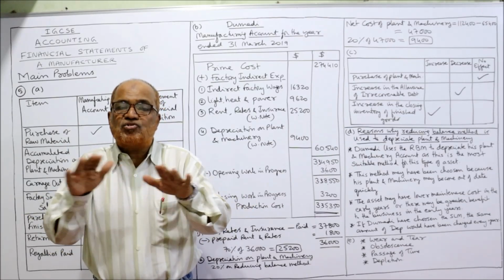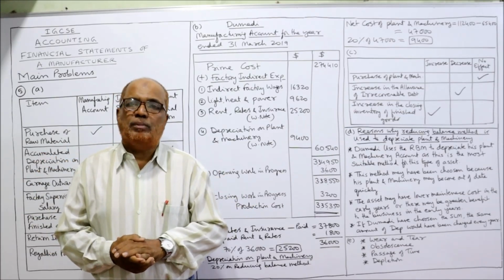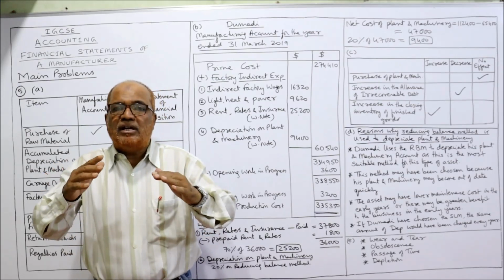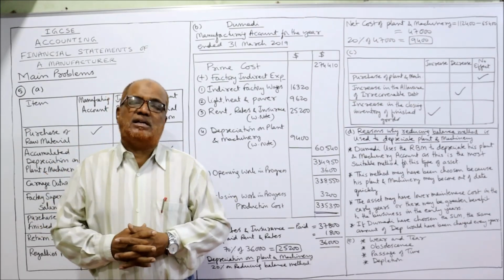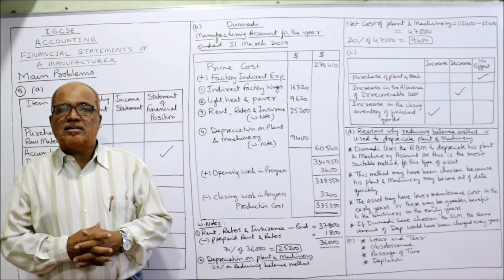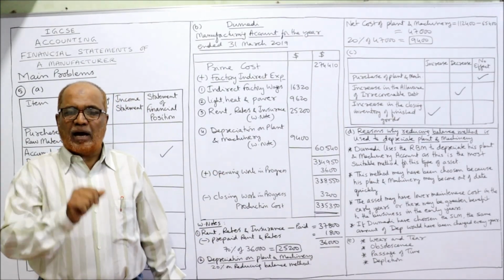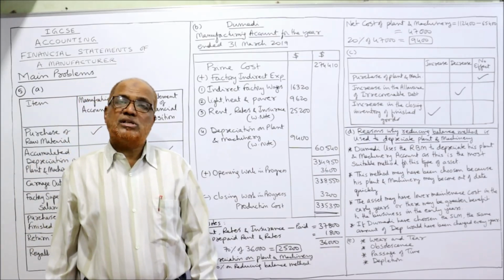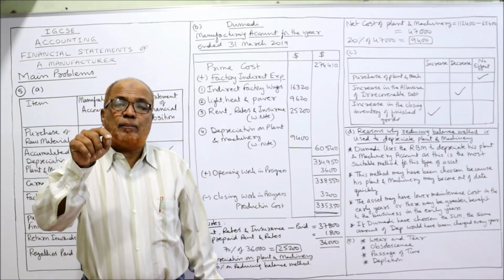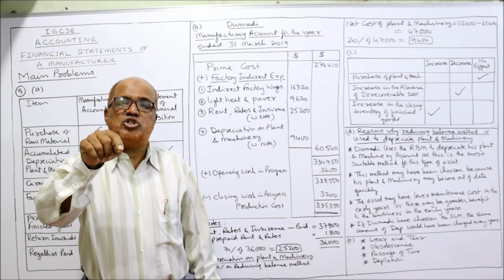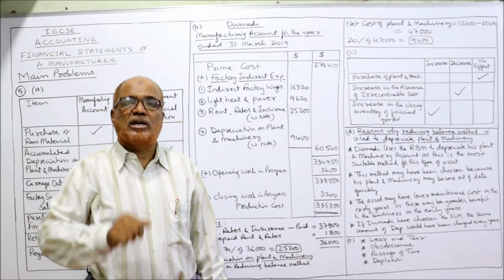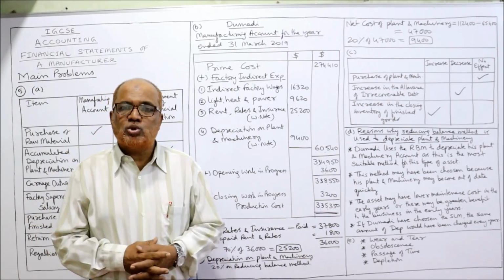Some assets, straight line method is suitable. Both the methods will give different amount of depreciation. Now it is asking that Dumadi, the present sole trader, he is adopting reducing balance method. Why he is adopting reducing balance method to depreciate plant and machinery rather than straight line method? We have to give some conclusions.